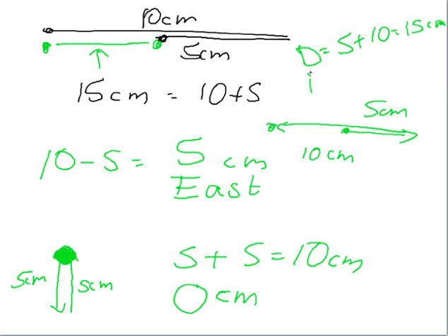But the displacement here, if this is our starting point and that's our ending point, what is the length here? It is 10 minus 5, equals 5 centimeters. Or you can just think 5 plus what makes 10, and it's 5 centimeters. But then we think about the direction. If he took a direct route from his starting point to his end point, he moved to the west. So 5 centimeters west.